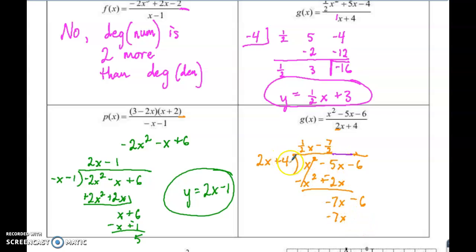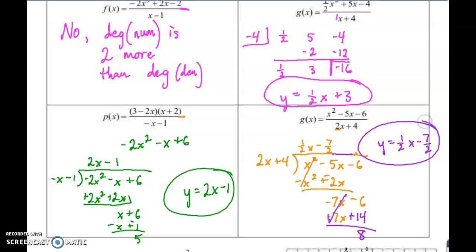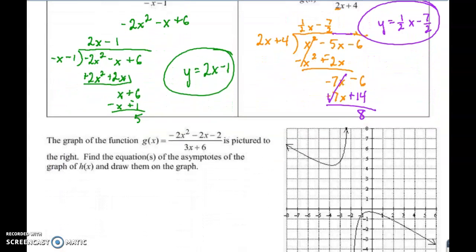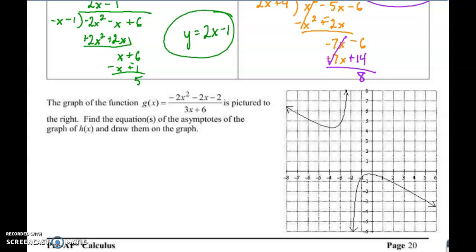Let's see, half of 4 is 2 times that would be negative 14. Cancel off each color. 14 minus 6 is 8, so we get a remainder. So my answer should be y equals 1/2 x minus 7/2 for my slant asymptote. Feel free to pause at any point, by the way. Do this on your own.